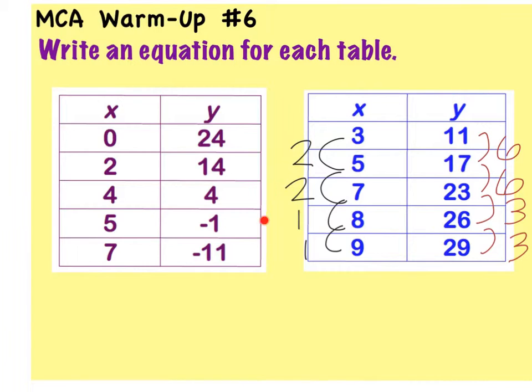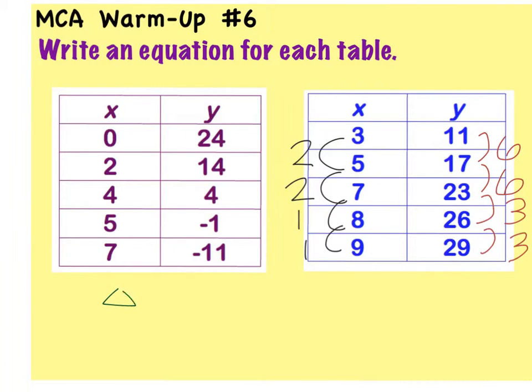Once again, we can see that this table is linear because there is a constant rate of change. When x increases by 2, y increases by 6, and when x only increases by 1, y increases by half of 6, or increases by 3.